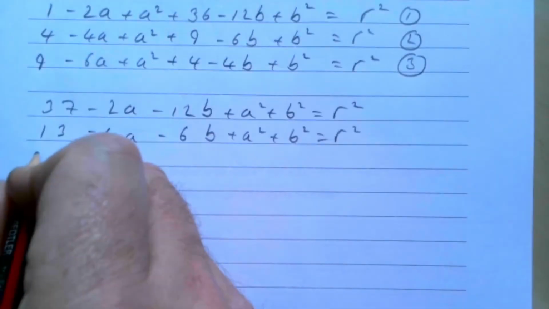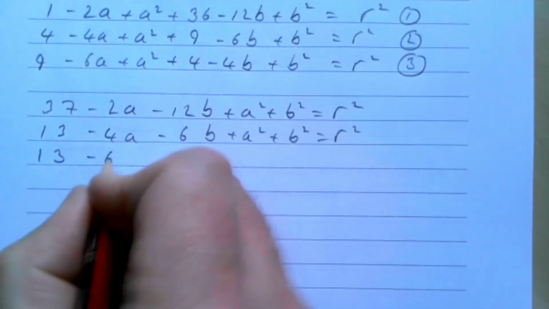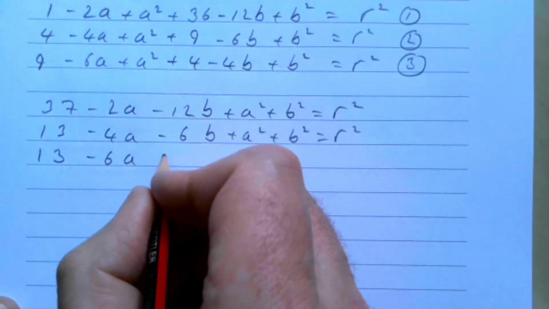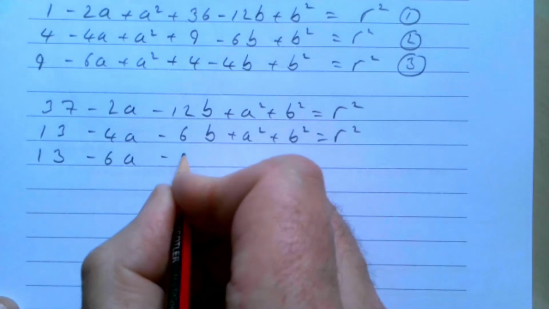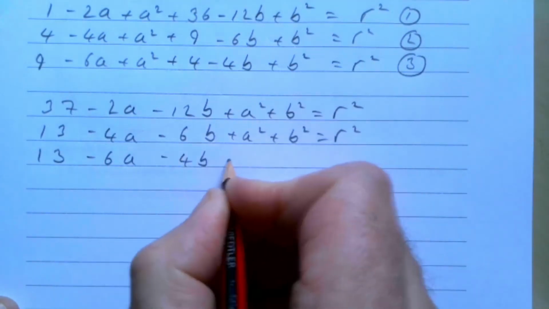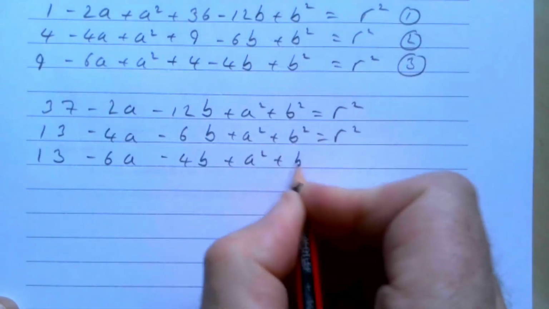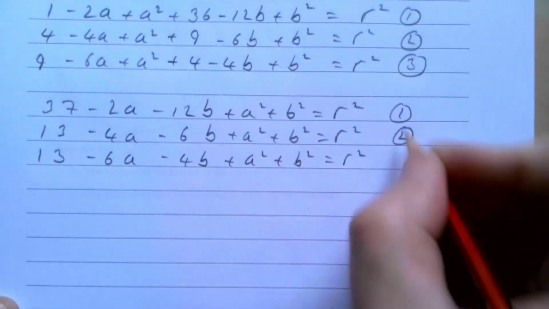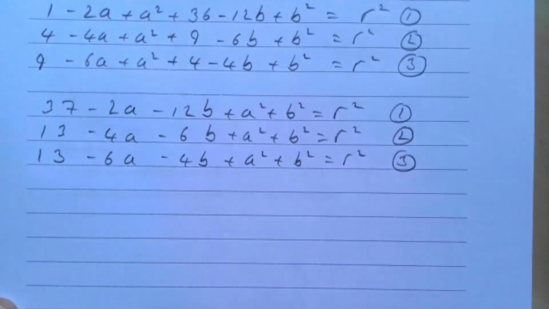And then finally we have 13 again minus 6a minus 4b plus a squared plus b squared equals r squared. And that's our equations 1, 2 and 3.